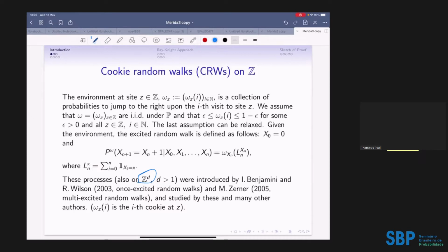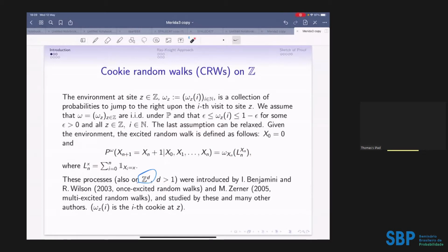Okay, so at every site z, little z, we have omega z, which is just going to be a sequence of positive probabilities, which give the probability of jumping to the right on the ith visit.